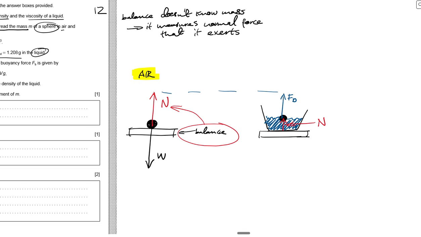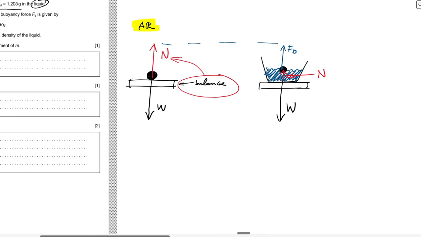And so what we have is our weight. And now we have two different equations. We have a weight in air. Actually, these should be the same, right? The weight of the ball should be the same no matter what.